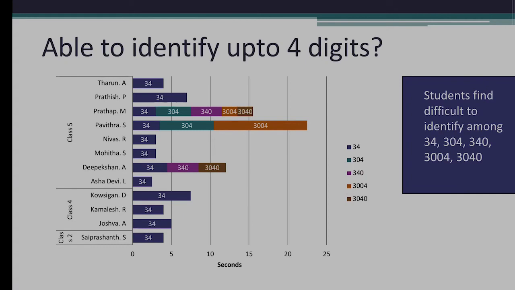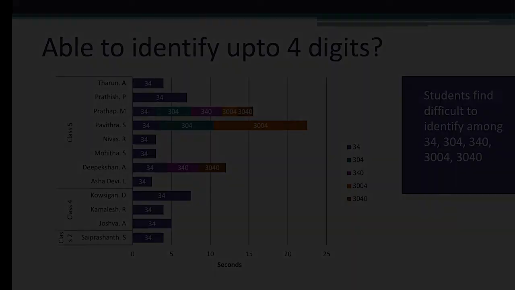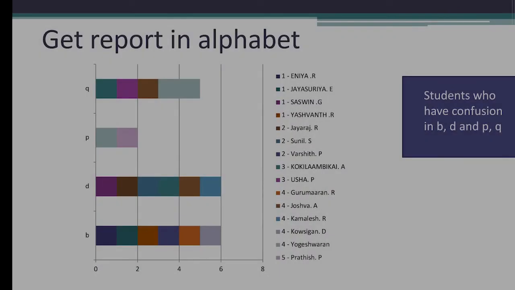And this report gives you the result, the number of students who are able to identify up to 4 digits. For the alphabets, it shows the number of students who are confused in identifying B and D, and P and Q. In this program, we can easily track the number of seconds taken by each student for each question, so we can make improvement.